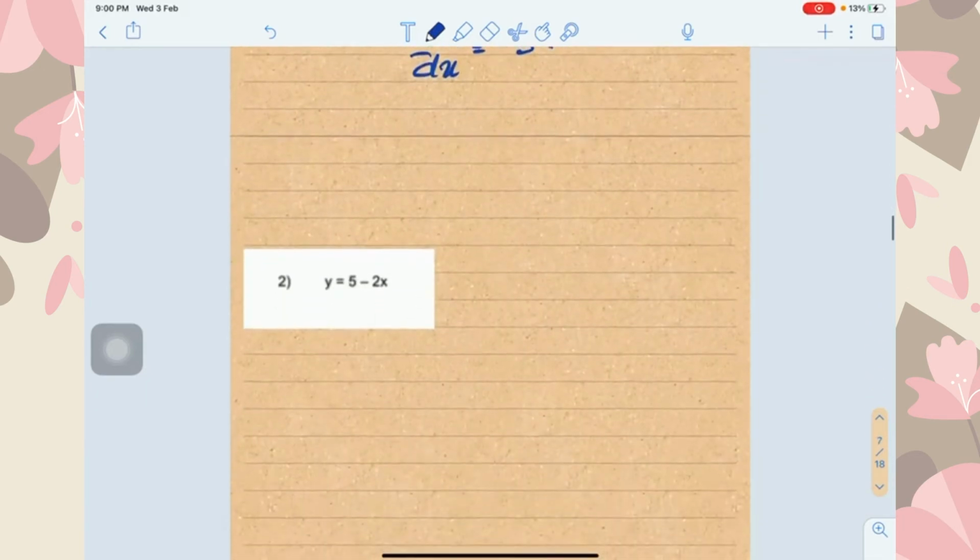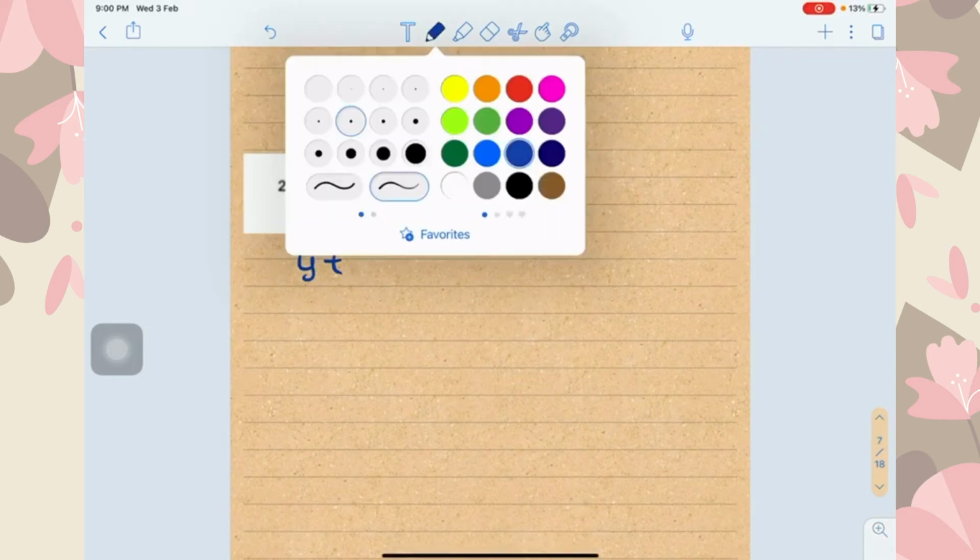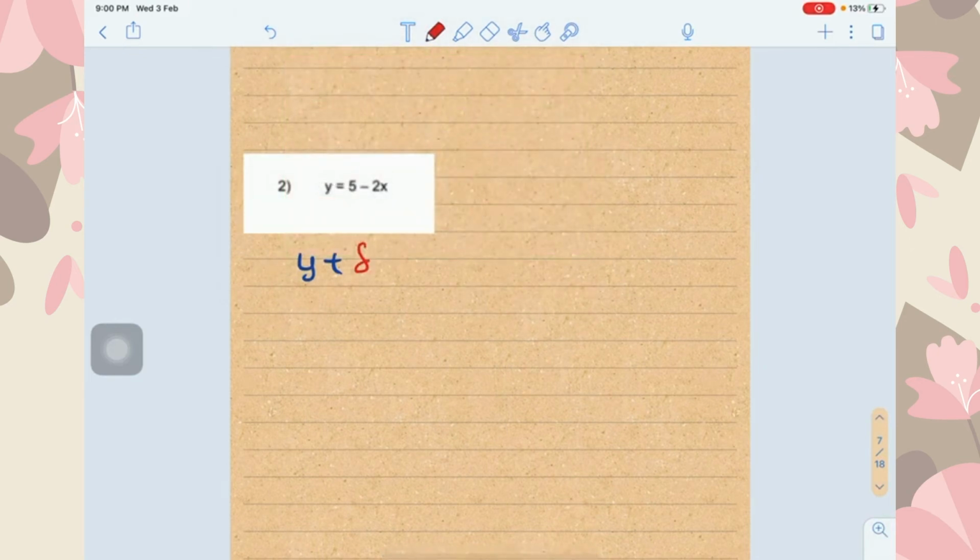The second example. Again, y plus delta y equals 5 minus 2(x plus delta x).